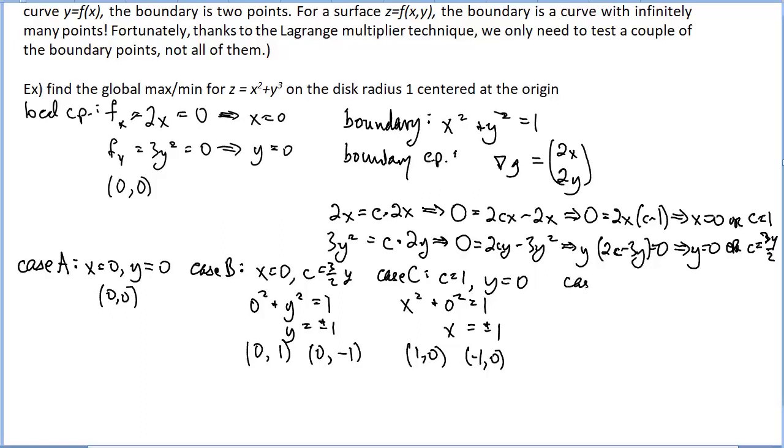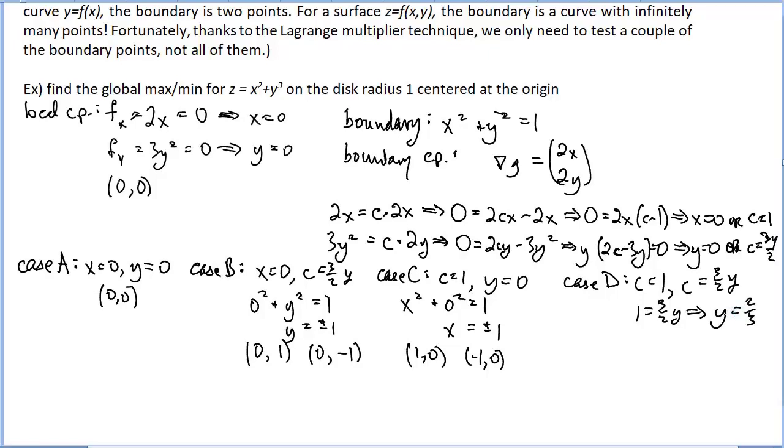And then finally, last case, case D. C equals 1, and c equals 3/2 y. Well, given that, we can now solve for y, because we know that 1 equals 3/2 y, so we get y equals 2/3.